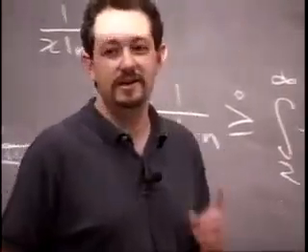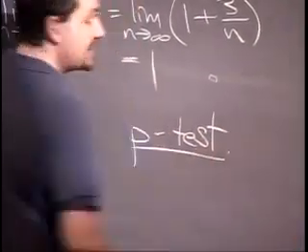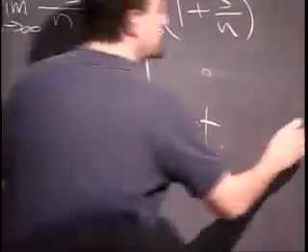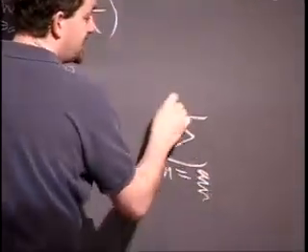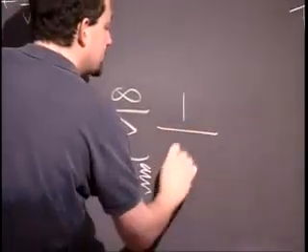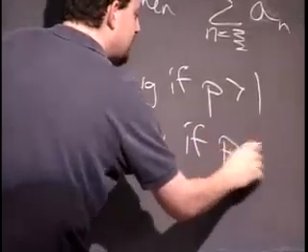Now, we get to the question of how do you know what functions to choose? Well, the p-test gives you a rich source of functions, and luckily there's only one version for series, because there's only a problem spot at infinity. No matter where you start, the sum of 1 over n to the p converges if p is bigger than 1, and it diverges if p is less than or equal to 1.